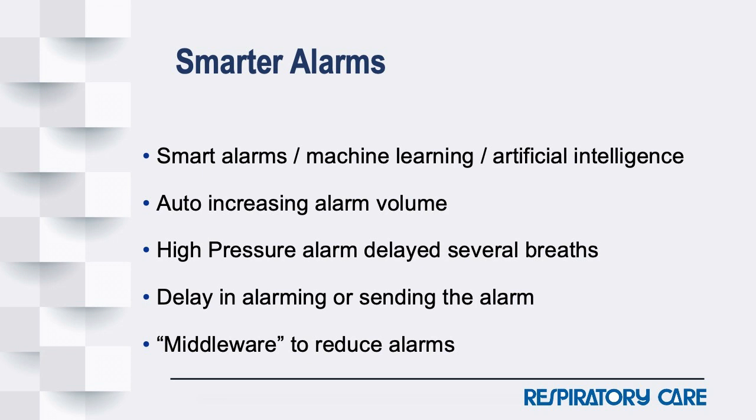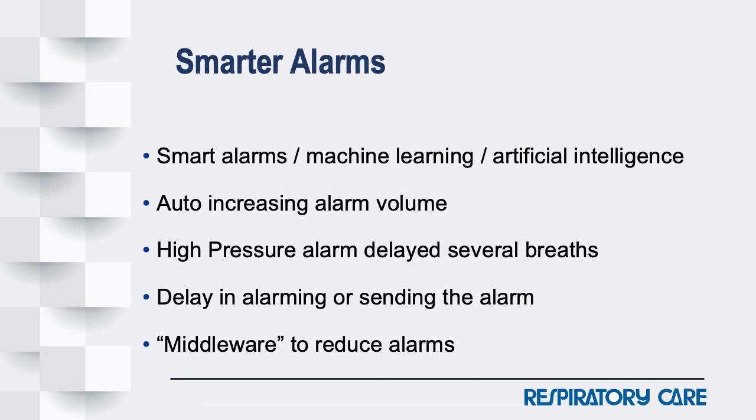You've probably seen high-pressure alarms being delayed by several different ventilators where you can turn that option on. Delayed alarming, or delay in sending the alarm to people, is up and coming. Another thing I should have put in the list is combining two or more alarms that might identify that this is, in fact, a genuine safety event.